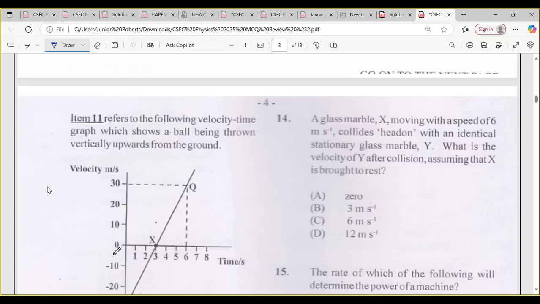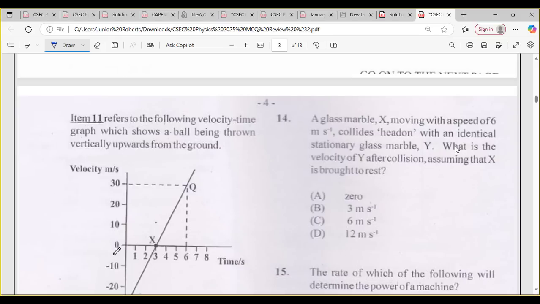Now, the total momentum before collision must equal the total momentum after collision. So before collision, X was moving, Y was stationary. X will have momentum, but Y will not. So after the collision, if X is now stationary, so it has no momentum, then Y must have the same momentum that X had before the collision.